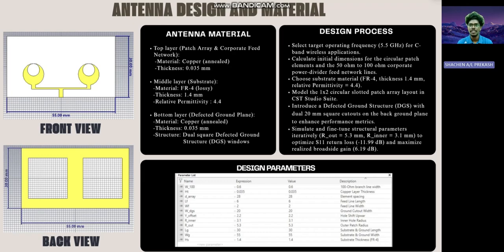Next, choose the substrate material and model the 1 times 2 circular slotted patch array layout in CST Studio Suite, and then introduce a defected ground structure with dual 20 millimeter square cutouts on the background plane to enhance the performance metrics. And last but not least, simulate and fine-tune structural parameters iteratively to optimize S11 return loss and maximize realized broadside gain. So this is our design parameters.